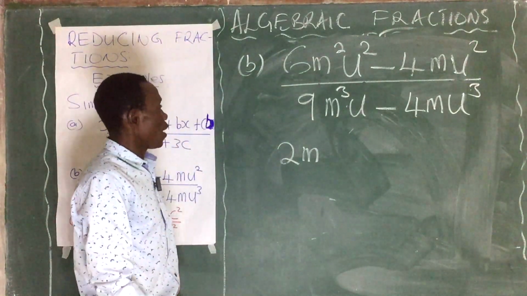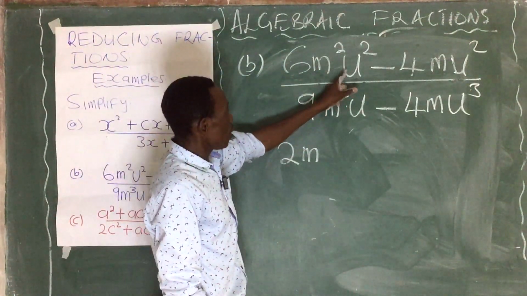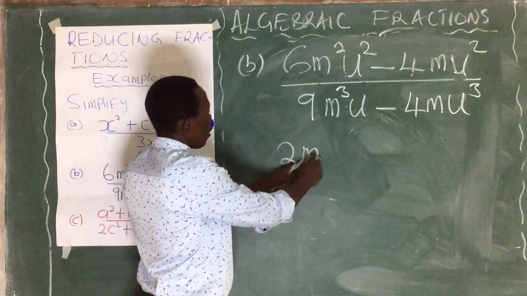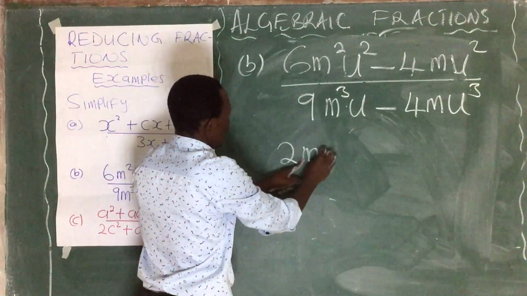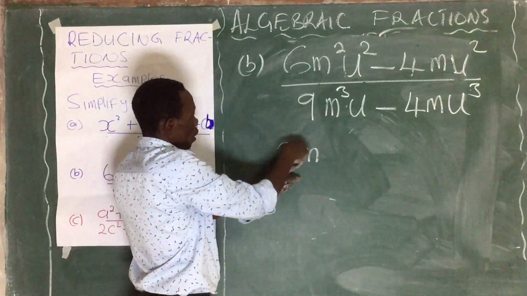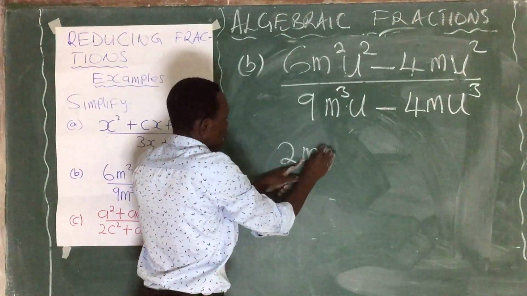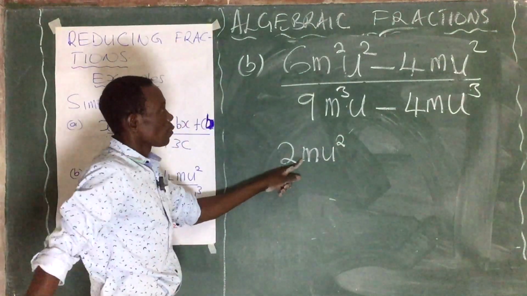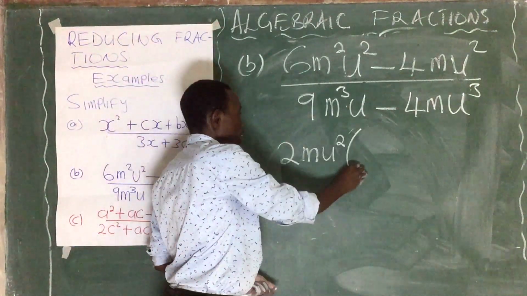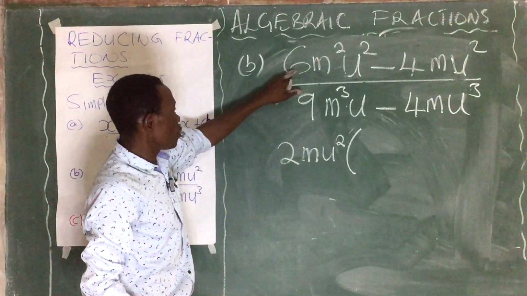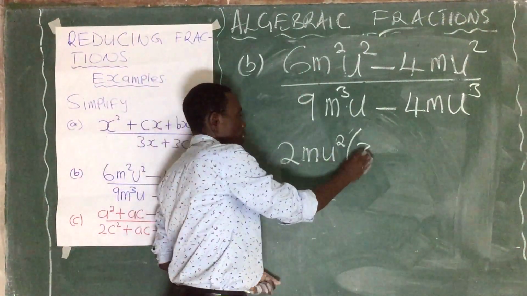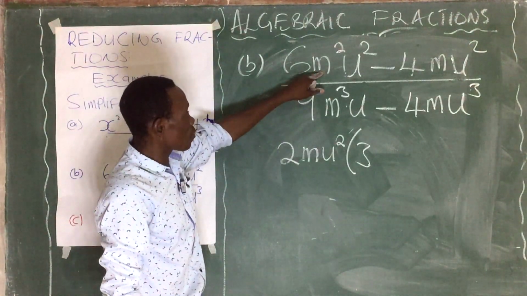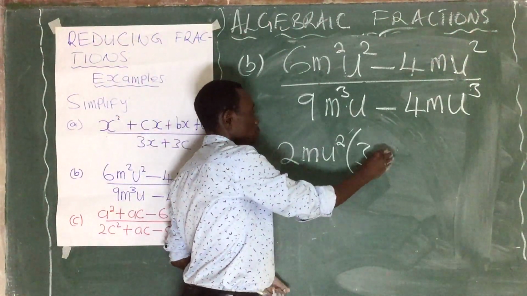Right, so what do you have then? We'll also have the u squared here, which will be like m into this one. We have got 2m in this case. We are going even to have a u squared here, right? Then you open the bracket like this. 2 gets into 6 how many times? 3 times. And m getting into m squared, you have got m.